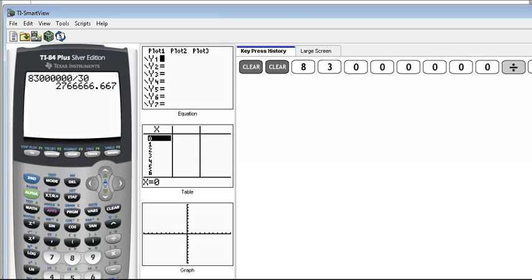To do that, I'm going to take the 83 million people that I had, and I'm going to divide that by the 30-year period. This reduces it down to the average change per year. And so you can see that's about 2.77 million per year.